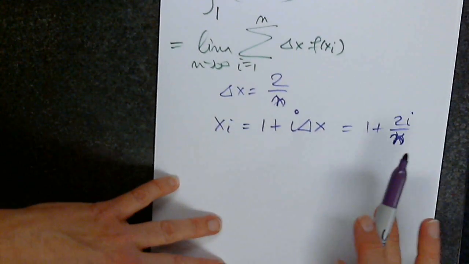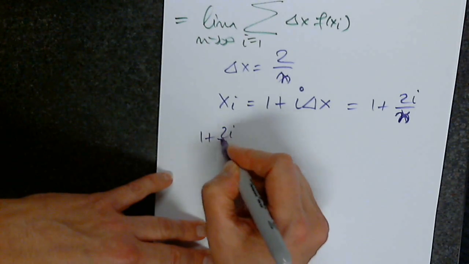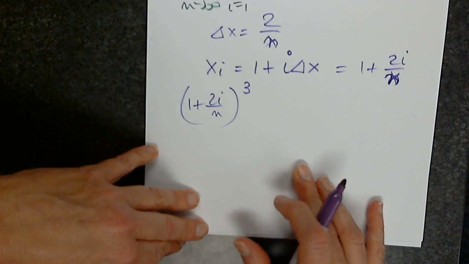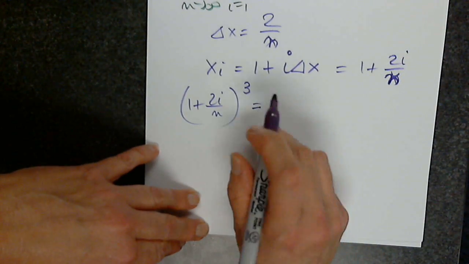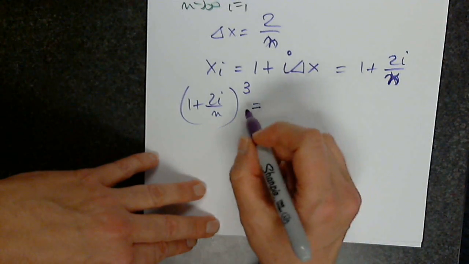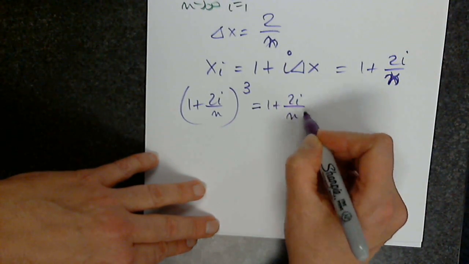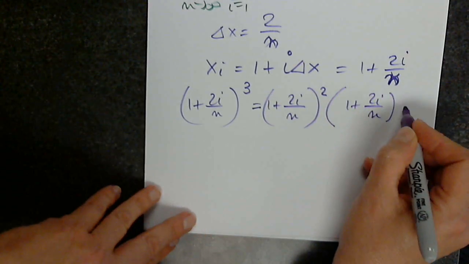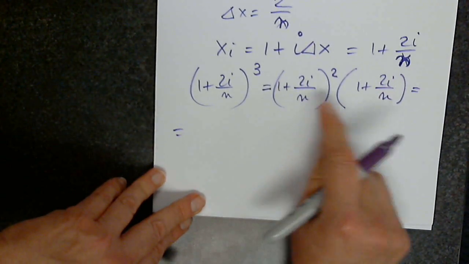So first, aside, I have 1 plus 2i over n, and I have to raise it to the third power. I know the formula, but I don't want to mess you up with the formula. So I have 1 plus 2i over n squared times 1 plus 2i over n, and then I'll have to square this and then distribute.